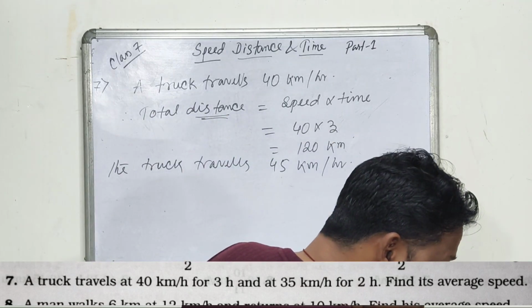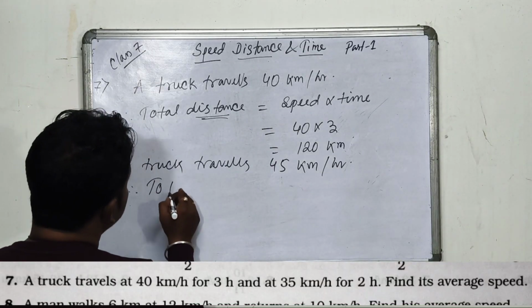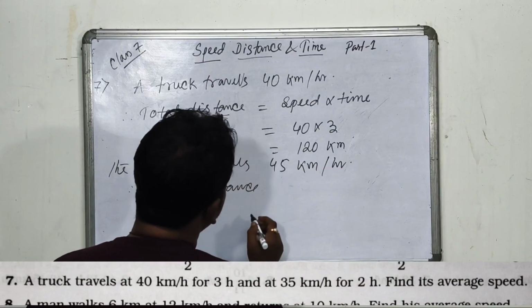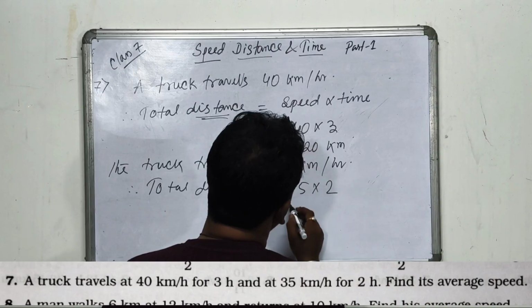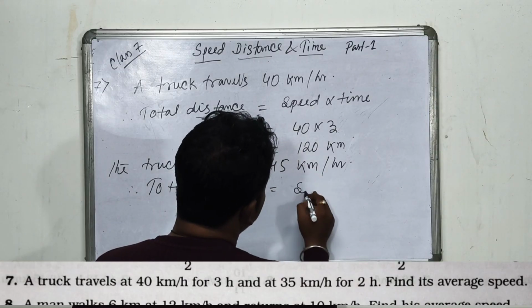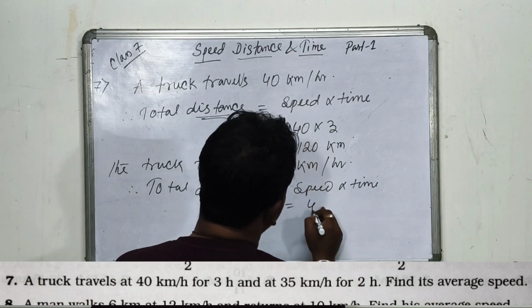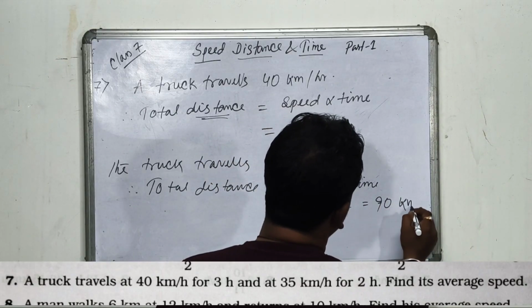So how much time will it take? 2 hours. Therefore total distance equals 45 into 2, or you can first write speed into time, that is 45 into 2, that is 90 kilometers.